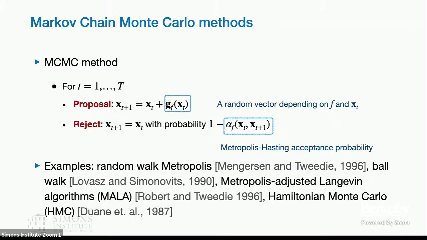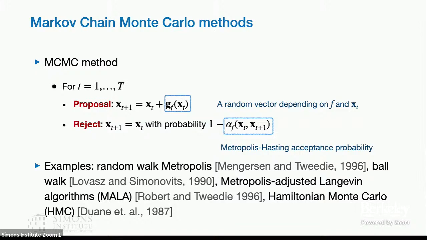Once we have the new sample x_{t+1}, we can accept it or reject it with a certain probability. This probability is also defined based on the current sample, the new sample, and the underlying target distribution.